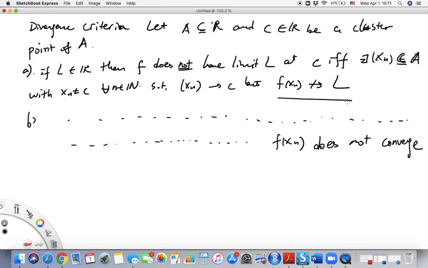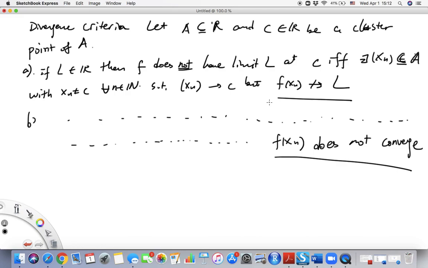Okay, so that's the only difference. Everything else is the same. So for part (a), f of xn can possibly converge, but does not converge to L. And for (b), it just does not converge. In both cases, f does not have limit L. So either it converges to a number different than L, or it does not converge at all.